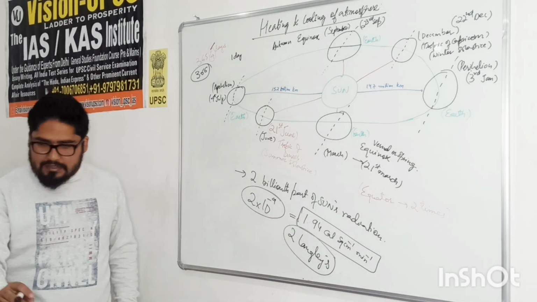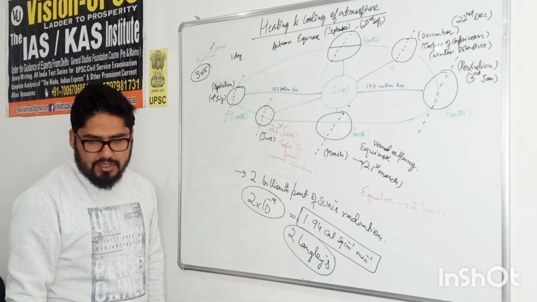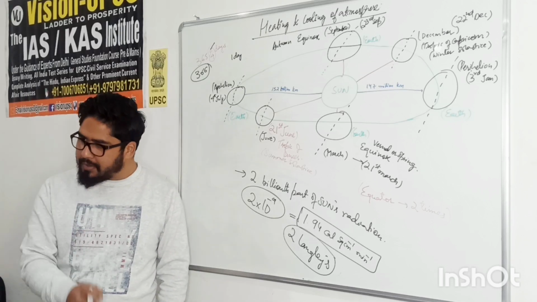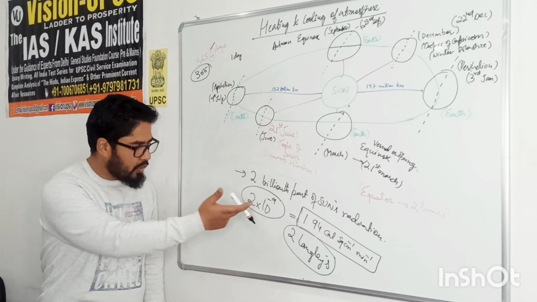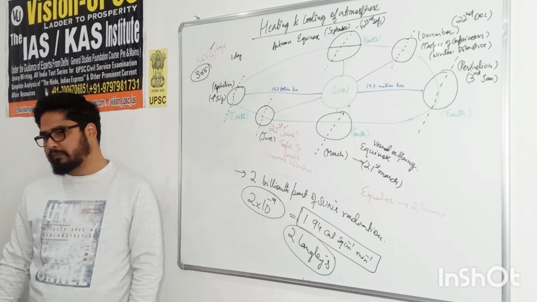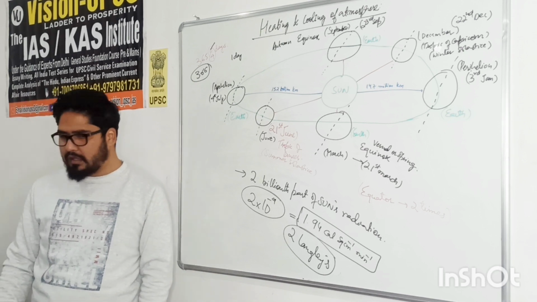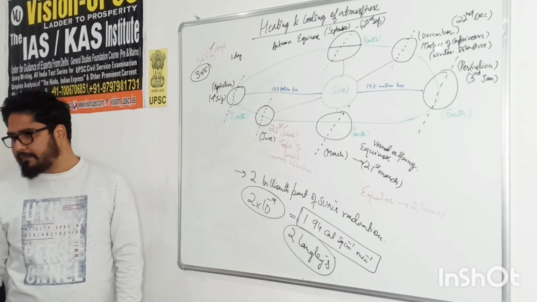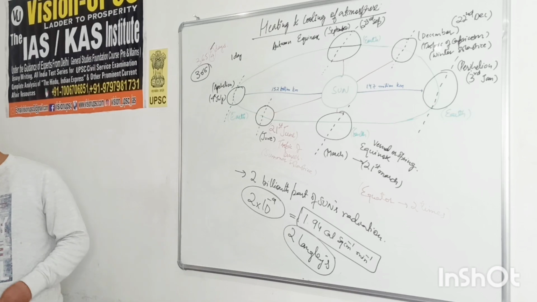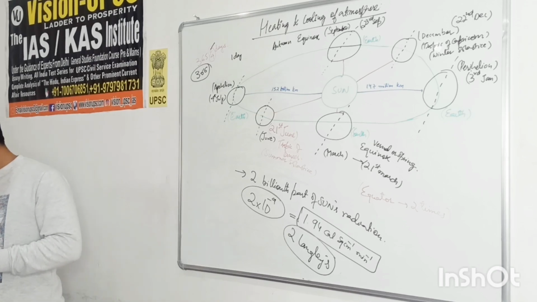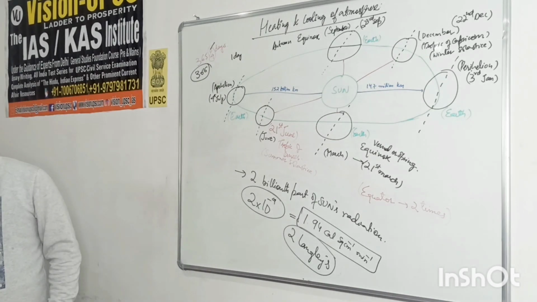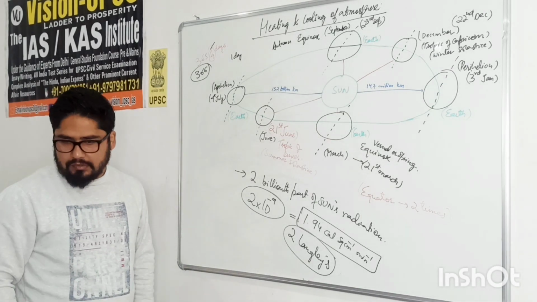What is 2 Langleys? It is the amount of solar radiation received at the top of the atmosphere per square centimeter per minute. And what is that value? That is 1.94 calories. This is referred to as 2 Langleys. What is 1 Langley? Divide करो इसको 2 के से. समझ आ रही है बात? ठीक है?